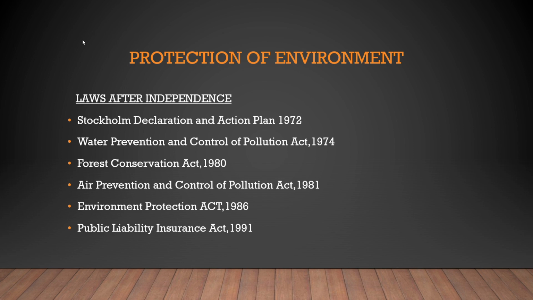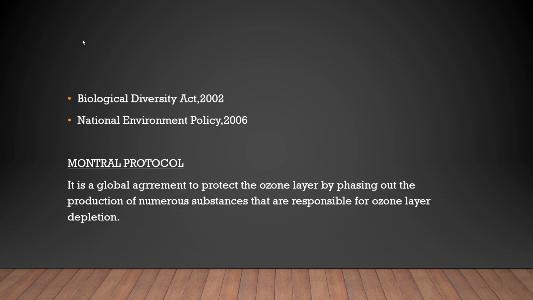Next is the Public Liability Insurance Act 1991. That is for providing immediate relief to persons affected by accidents while handling hazardous materials in organizations or industries and so on. Next act is the Biological Diversity Act 2002.